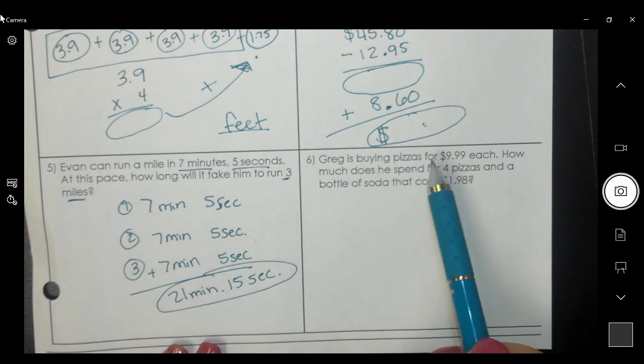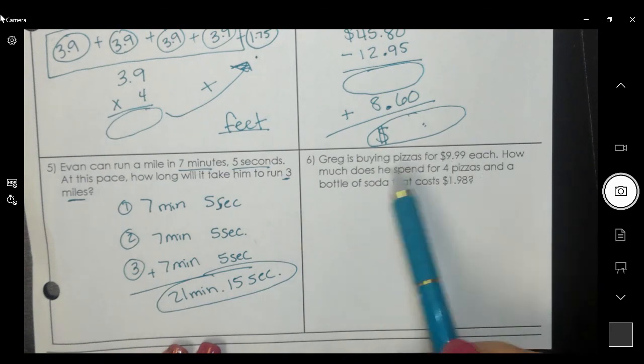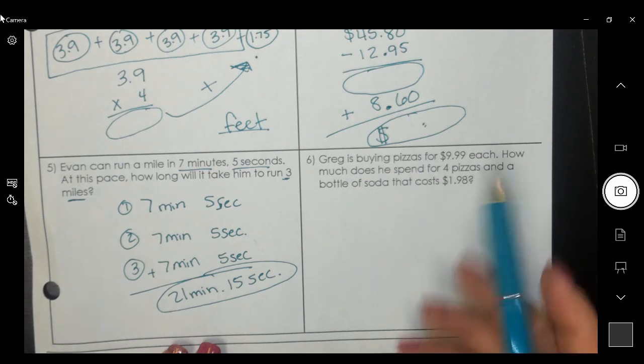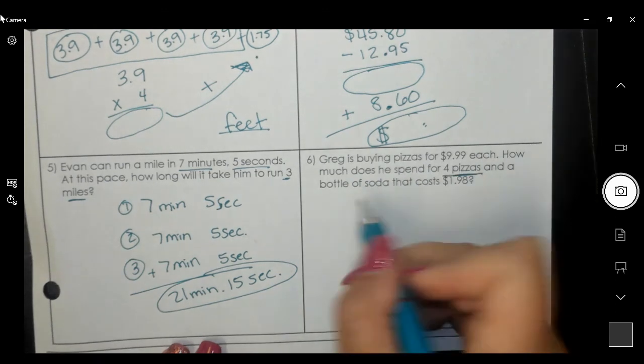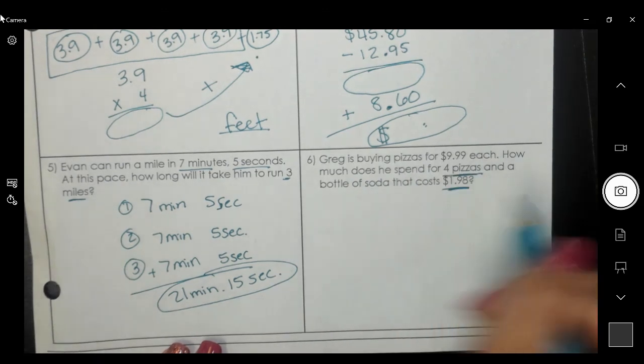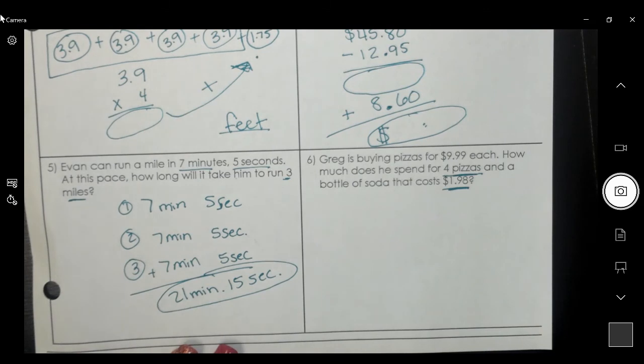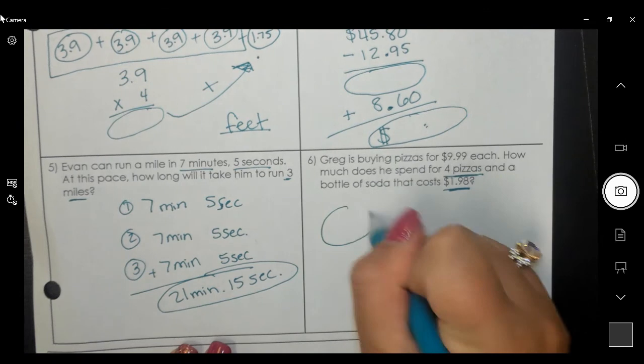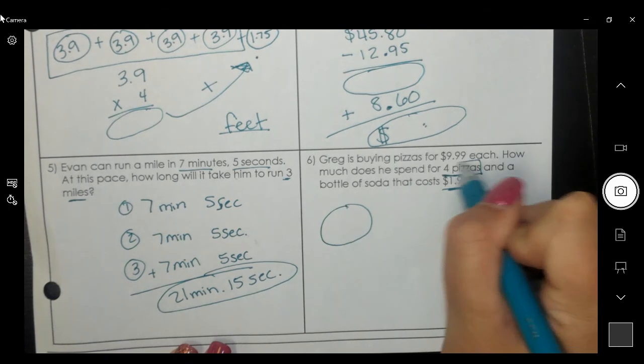Greg is buying pizzas for $9.99 each. How much does he spend for 4 pizzas and a bottle of soda that cost $1.98? When in doubt, draw a picture. We're talking about pizzas, so I'm going to draw some pizzas. He's buying 4 pizzas.